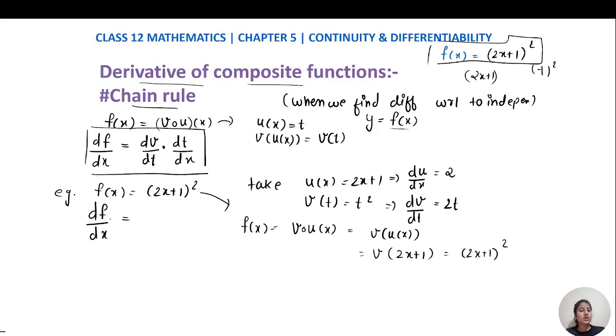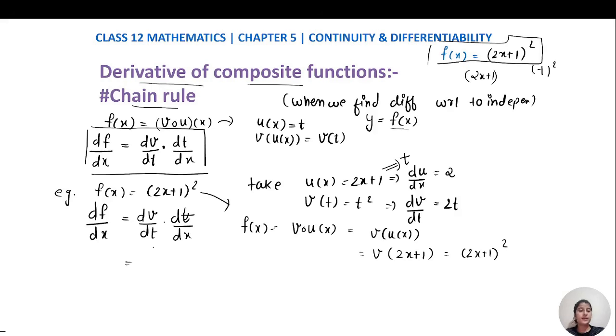Now by the chain rule, df by dx will be given by differentiating v with respect to t, and differentiating u, which is our t, with respect to x.